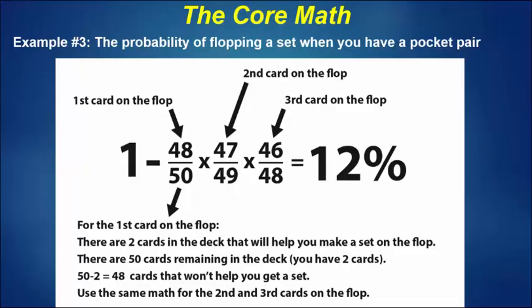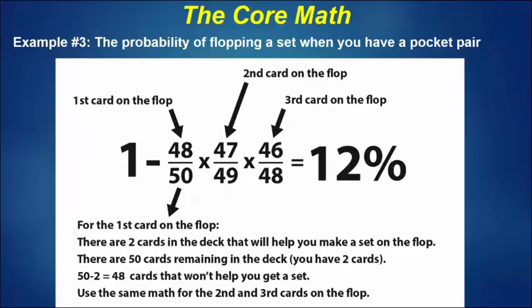To determine the percentage that won't help you for the first card on the flop, divide 48 by 50. Next, subtract 1 from the numerator and 1 from the denominator for the second card on the flop. Divide 47 by 49. Third, subtract 1 from the numerator and 1 from the denominator again for the third card on the flop.